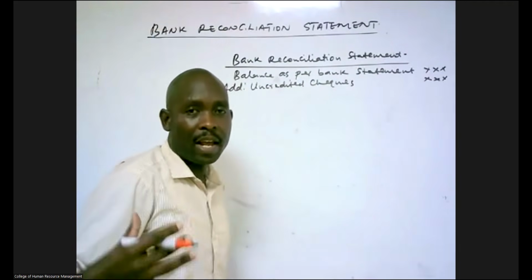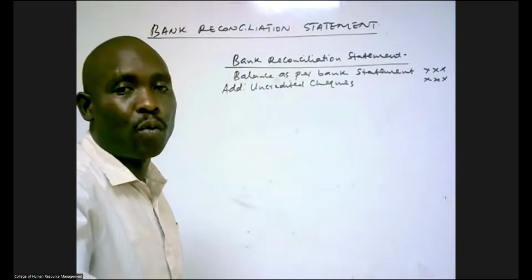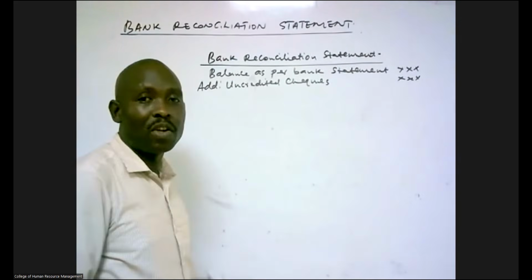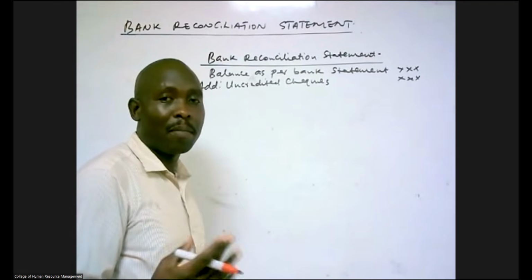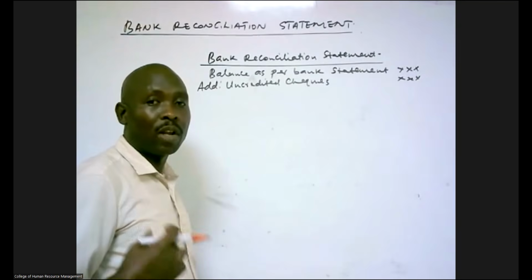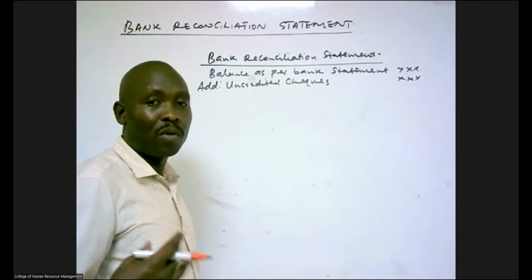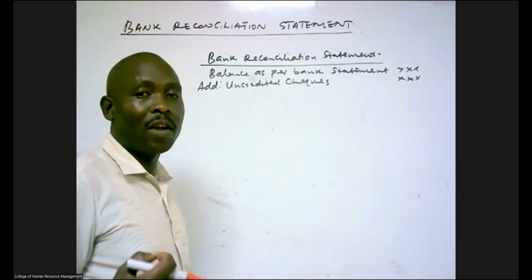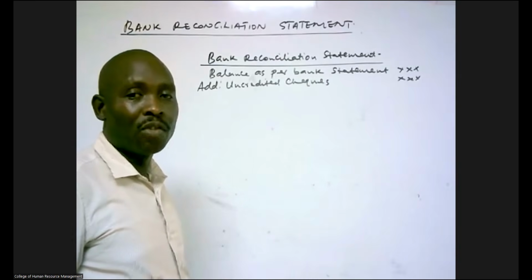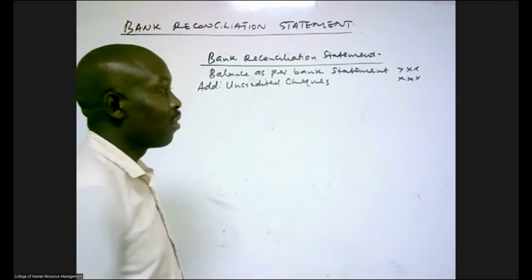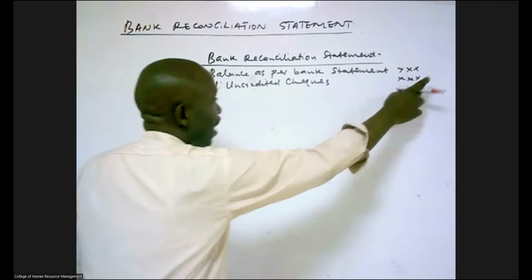If there is any error that occurred in the bank which reduced your bank balance, you add it also. Errors reducing the bank balance are rare, but if there is one, you add it here. Maybe the amount that was deposited was 10,000. The accountant made a mistake and only deposited 1,000. So that is an error that reduced your bank balance by 9,000.